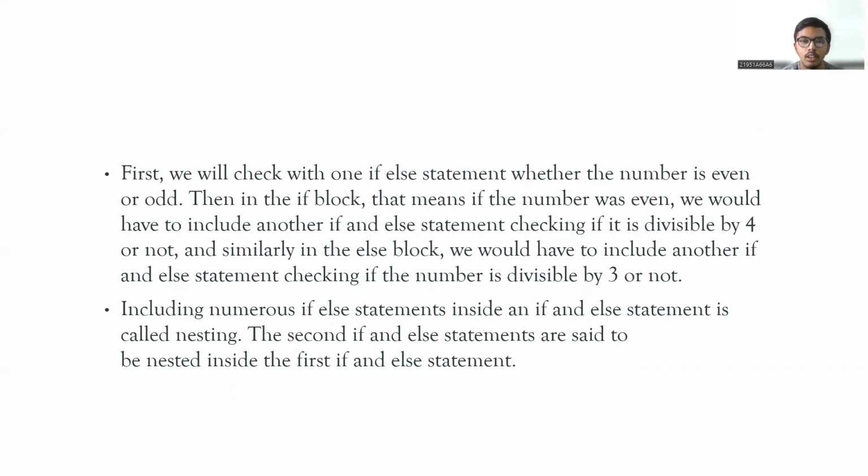And similarly, in the else block, we would have to include another if and else statement, checking if the number is divisible by 3 or not. Including numerous if else statements inside an if and else statement is called nesting. The second if and else statements are said to be nested inside the first if and else statements.